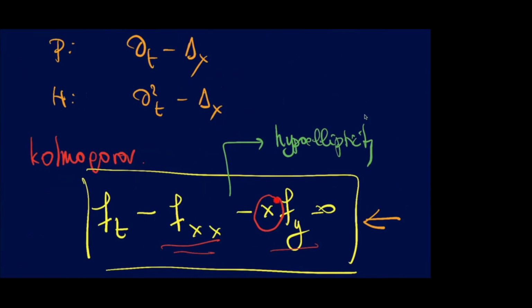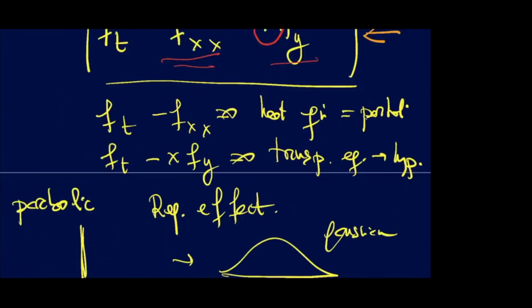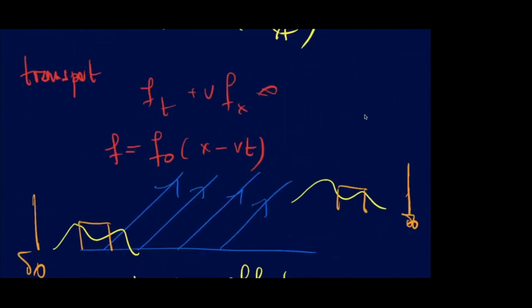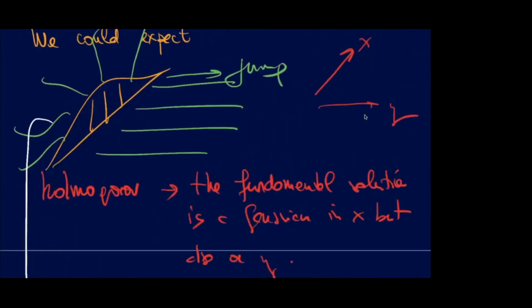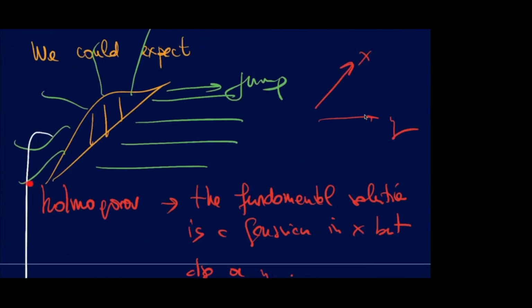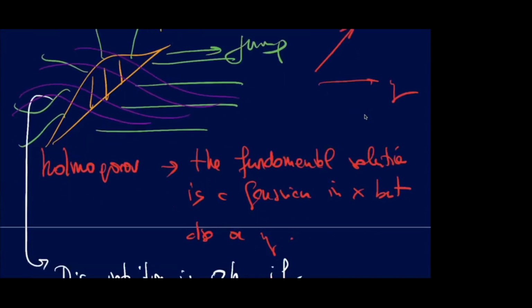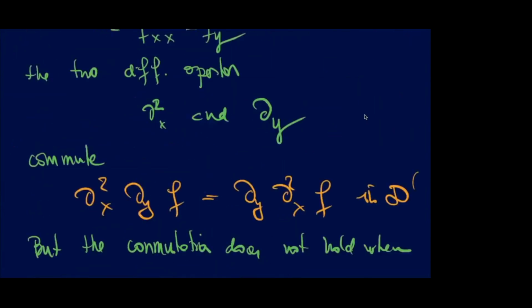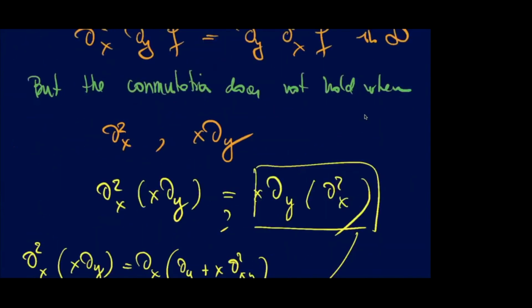Surprising in the sense that the lack of commutativity due to the presence of X makes the profile of the solution not the one I expected naively, smooth in X and irregular in Y. There is also a regularization effect on the Y variable. And this was due to this interaction, okay?